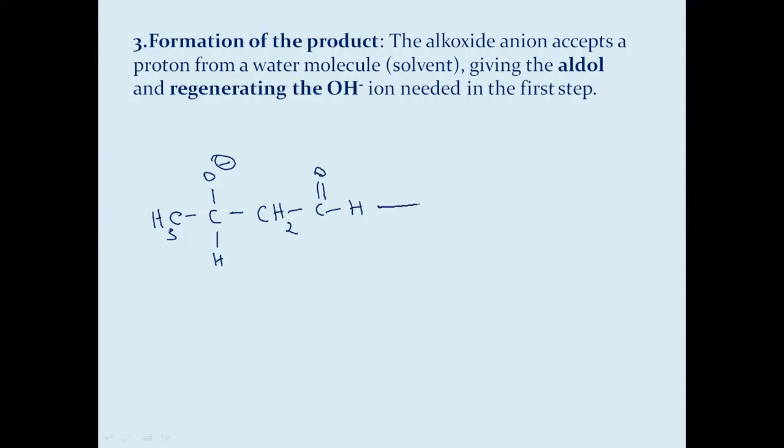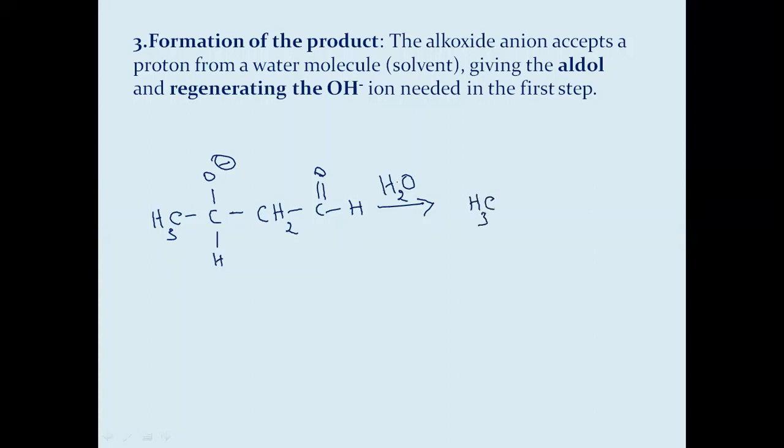Now the last step is that this will react with a water molecule, which is there as a solvent, since we are taking dilute NaOH. Dilute NaOH means NaOH solution in water. So the product obtained in the second step will react with a water molecule, and we have the final product.